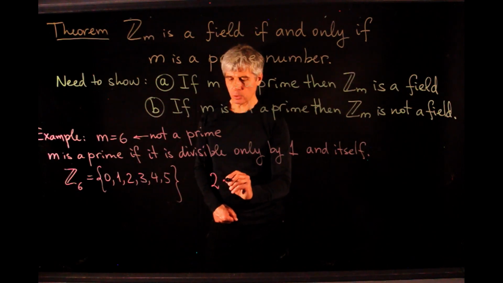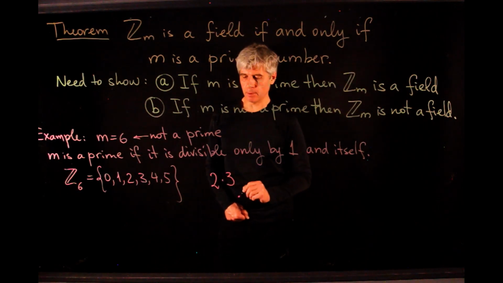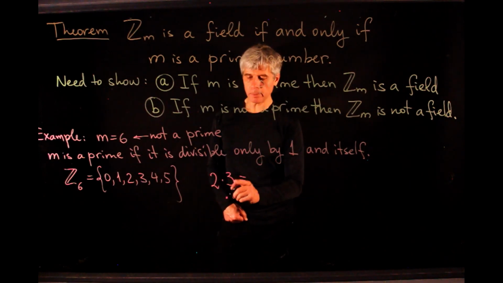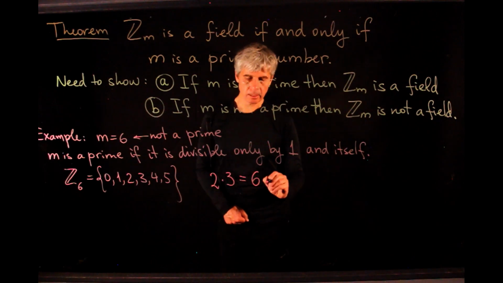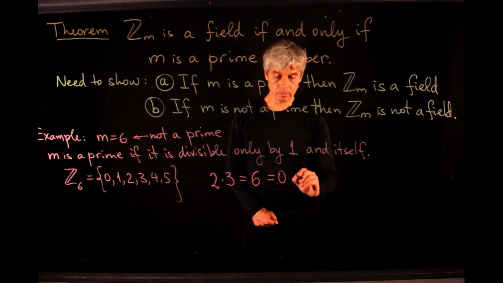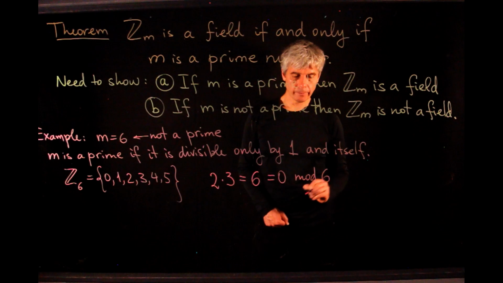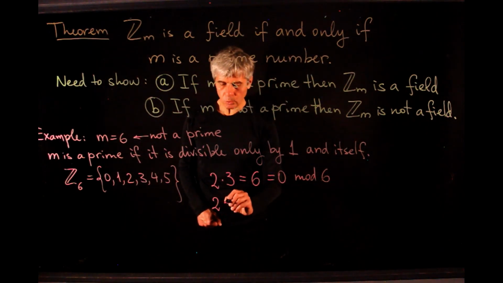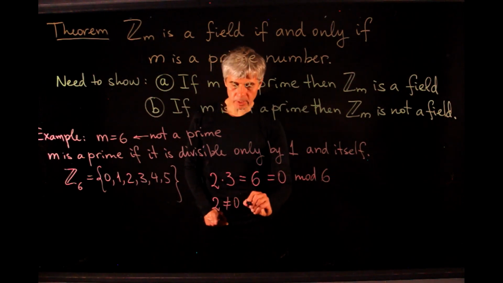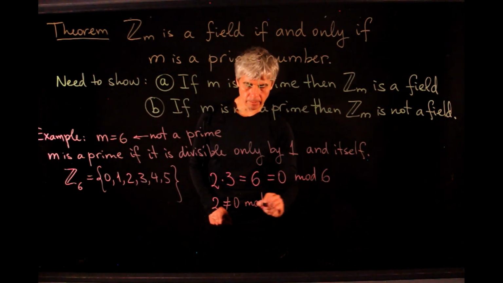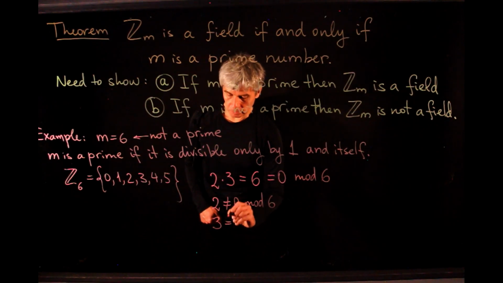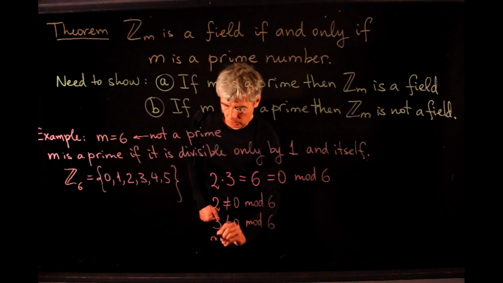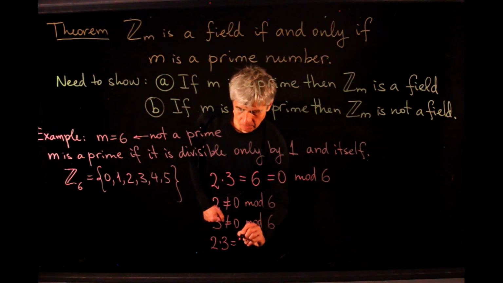Let us take 2 and multiply it by 3. So what is the result of the calculation? 2 times 3 is 6, but the remainder of this is 0. So what we see here is that 2 is not equal to 0 mod 6, and 3 is not equal to 0 mod 6, but 2 times 3 is equal to 0 mod 6.